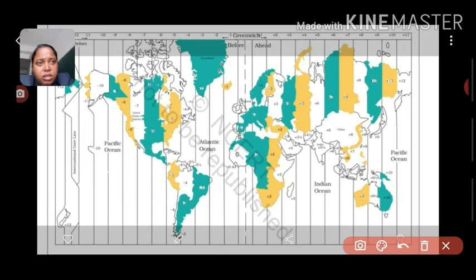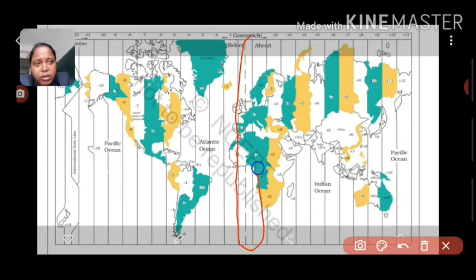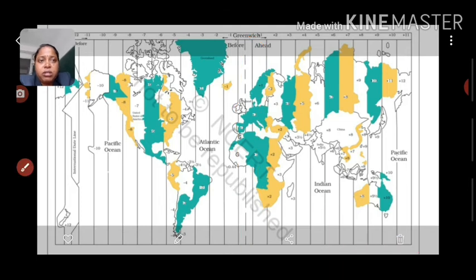Here see, this is the portion where the Greenwich time zone is calculated from, started from this area. Okay. So this dashed line shows us the main time zone line which starts from the Greenwich area. Okay. And the main time meridian from where we calculate the time zone.